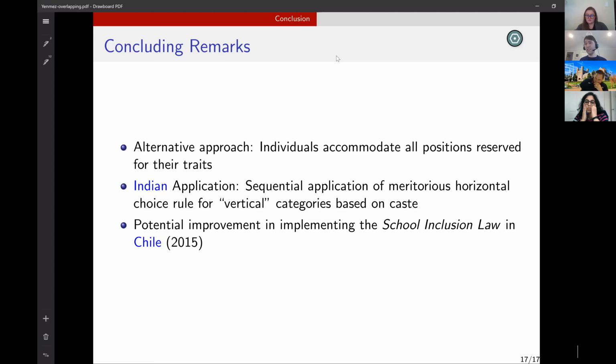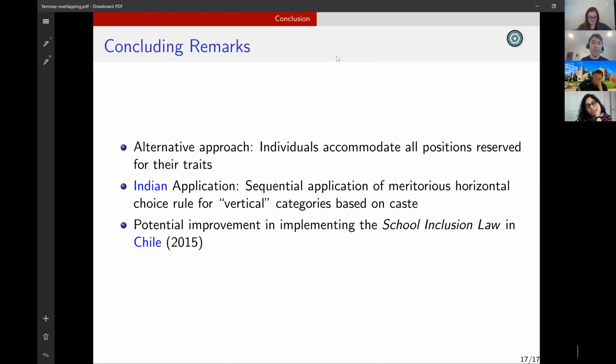The reservations for women are mandated by the federal government. So we apply this. It involves sequential application of the horizontal choice rule based on castes of individuals. If you're interested in that, I'm happy to talk later in the breakout room, or you can also look at the paper online.